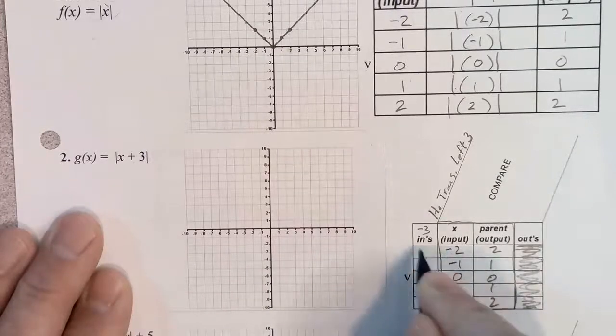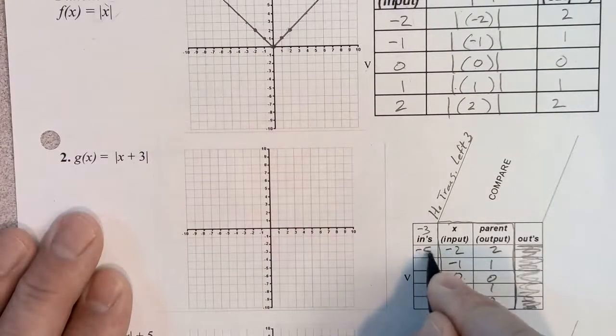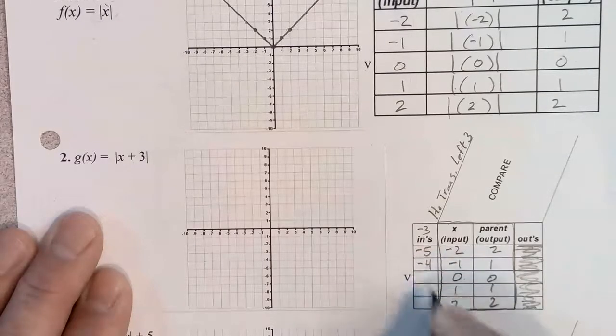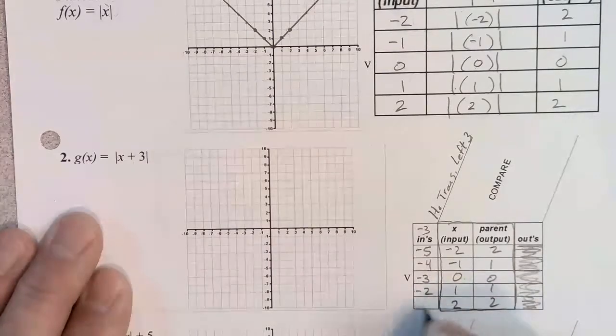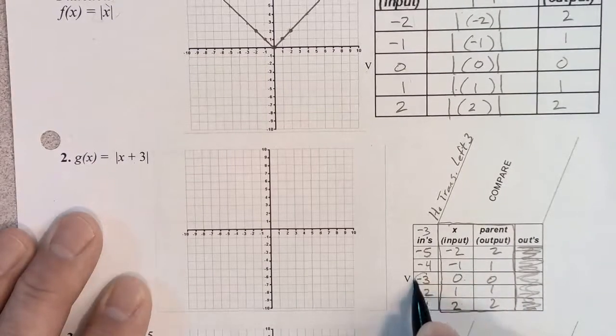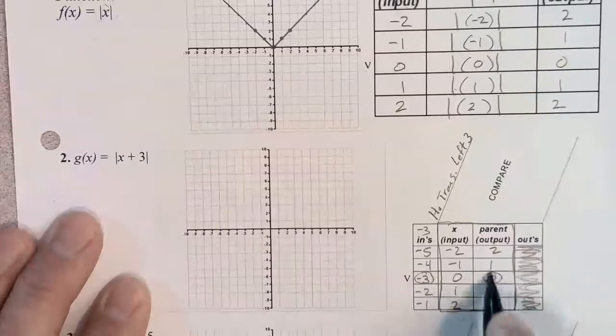So -2 becomes now -5. -1 becomes -4. 0 becomes -3. 1 becomes -2 and -1. So you know my vertex now is at -3, 0.